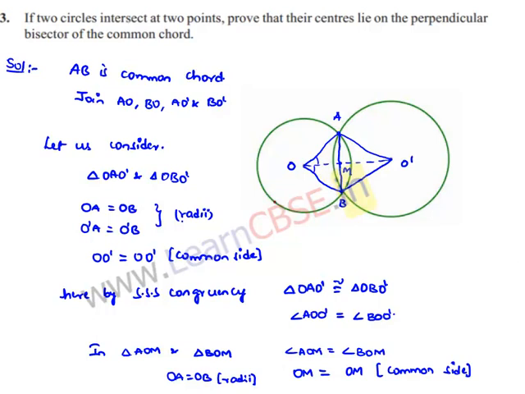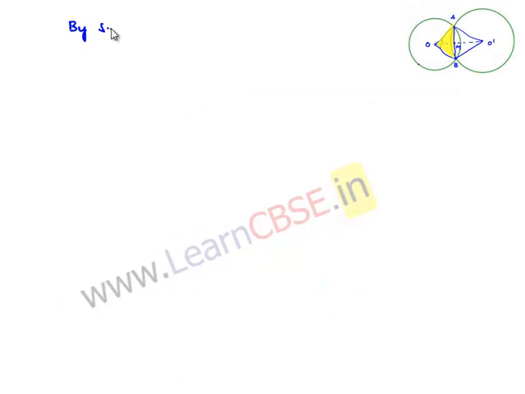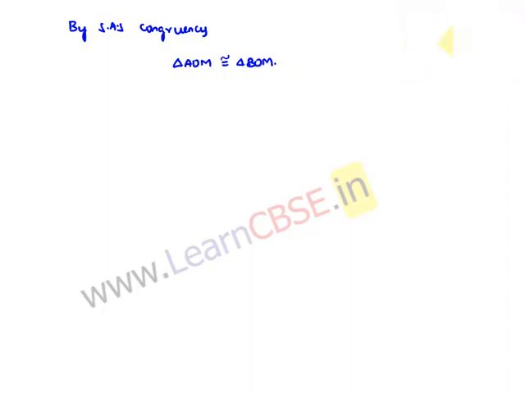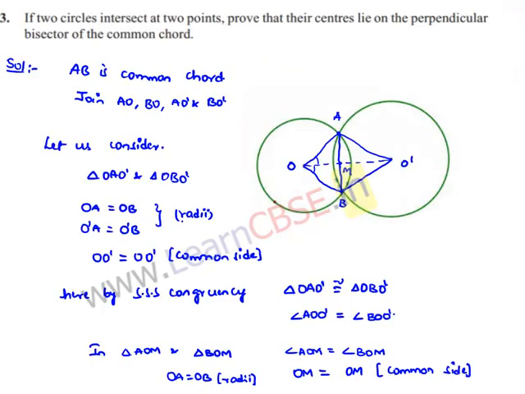Therefore, by the SAS property, we can say both the triangles are congruent. That is, triangle AOM is congruent to triangle BOM. When two triangles are congruent, then their corresponding sides and corresponding angles can be equated.